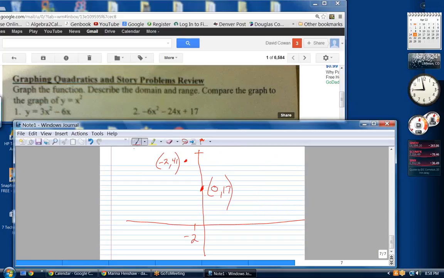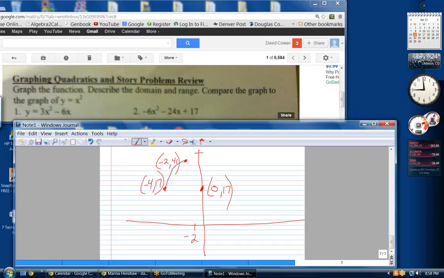And it also completely solves my problem because I know this thing is symmetrical. So I know that if this point is on it, and if I go 2 units to the other side, I've got to be at 17 also, right? In other words, that point has to be minus 4, 17.